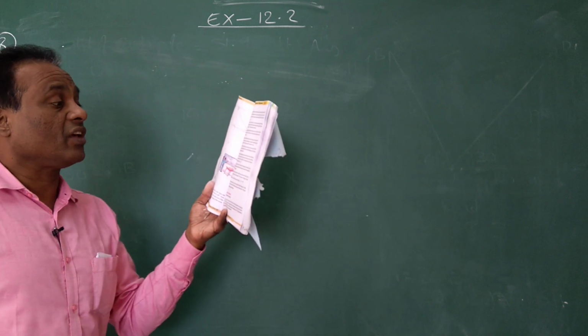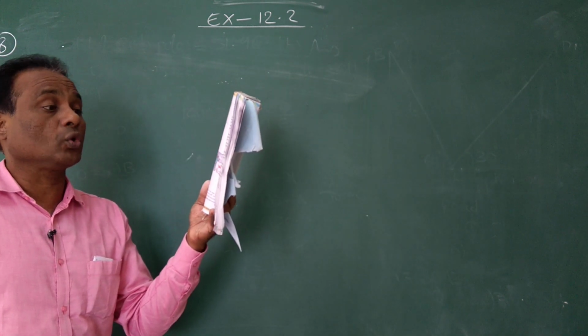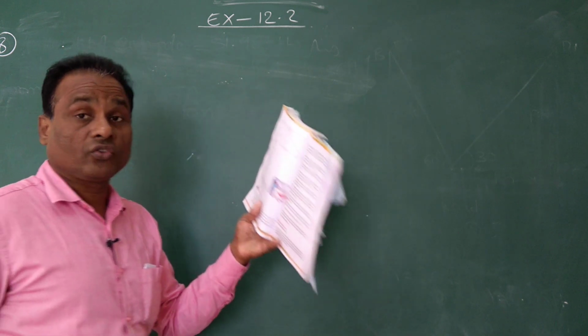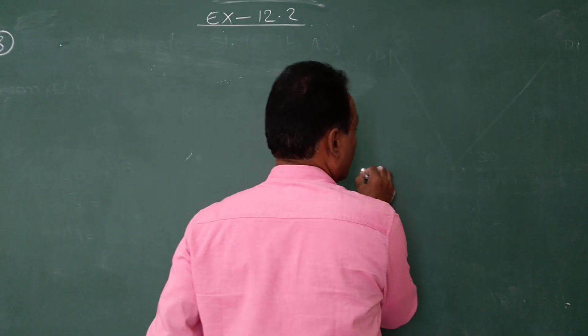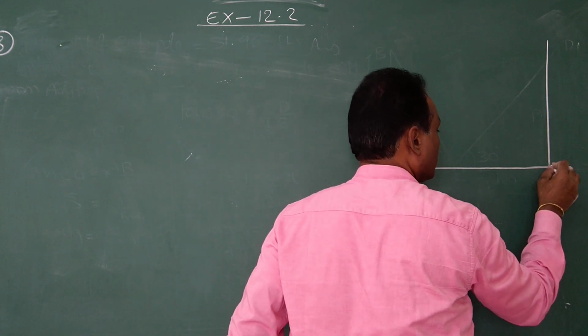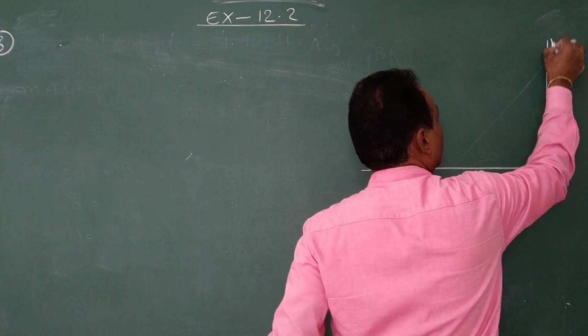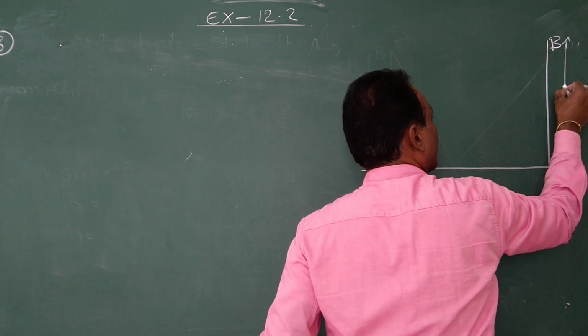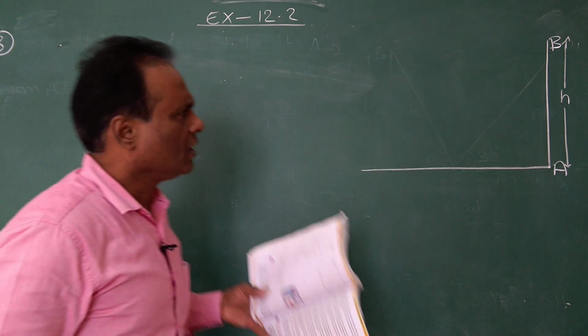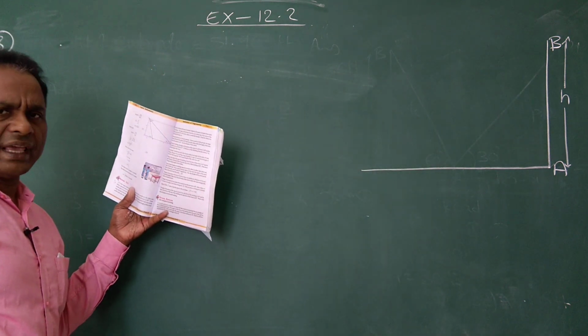The angle of elevation of the top of a tower from 2 points at distances of 4 meters and 9 meters. See here. This is the ground. This is the tower. AB is the tower. Let the height be h. The height is not given. Let tower AB be equal to h.